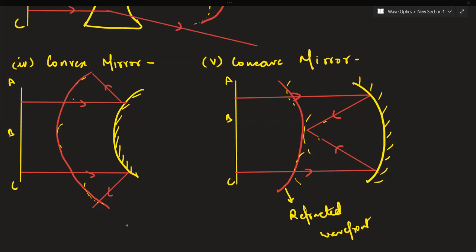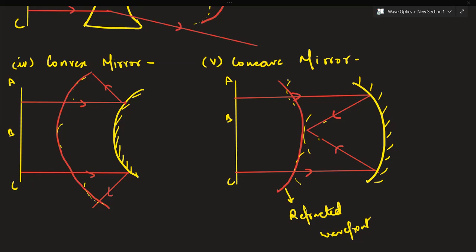Now see, I am repeating for convex mirror and concave mirror again. All right, so listen to it carefully. For the concave mirror first, the central part B of the incident wavefront has to travel the greatest distance. Yes or no? The central part B has to travel a greater distance before getting reflected compared to the margins A and C. So therefore, the central portion B of the reflected wavefront is closer to the mirror than the marginal portions.